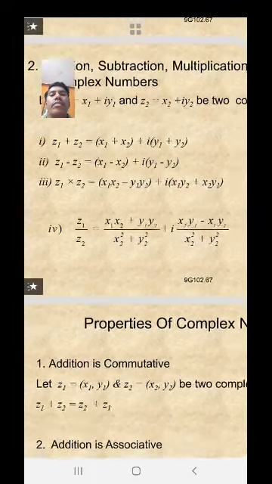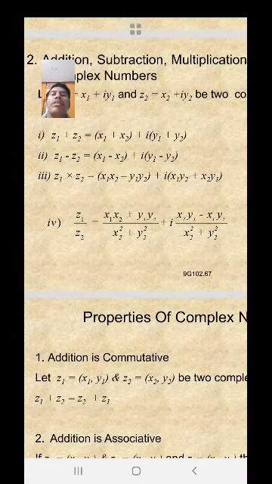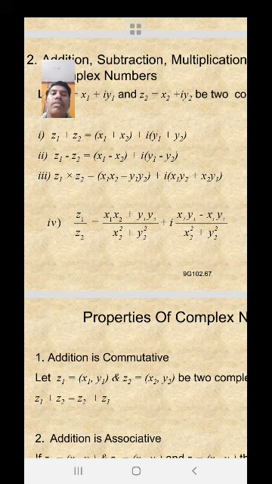Then z1 plus z2 equals x1 plus x2 plus i of y1 plus y2. z1 minus z2 equals x1 minus x2 plus i of y1 minus y2. z1 into z2 equals x1x2 minus y1y2 plus i of x1y2 plus x2y1.